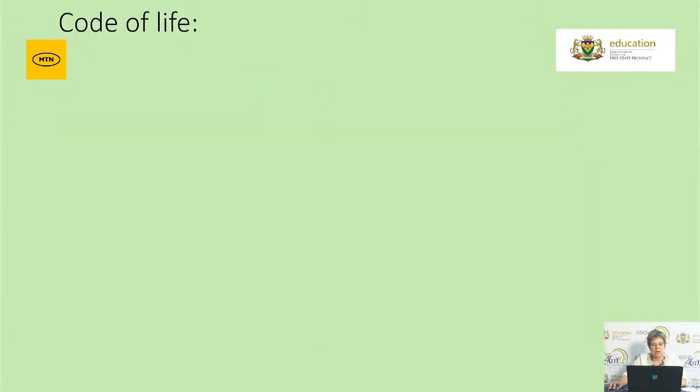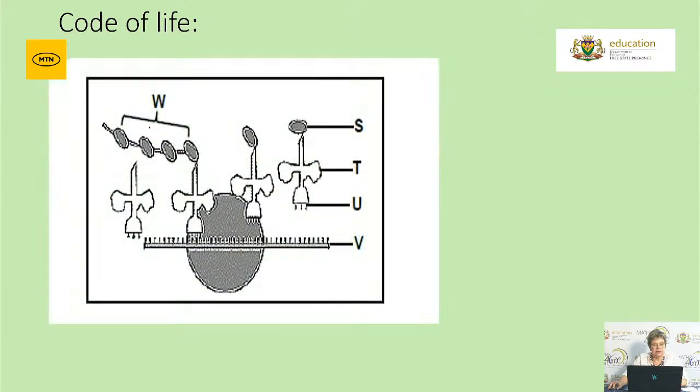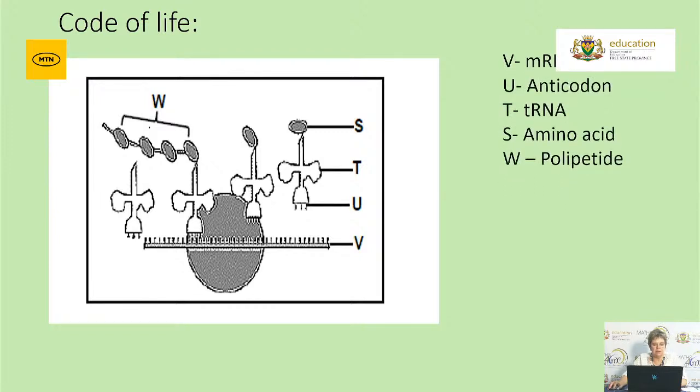For the code of life, it's very important to know your diagrams. So you have to identify that V is the mRNA, U is the anticodon, T is the tRNA, S is the amino acid there. And a lot of amino acids that bind together is called a polypeptide.